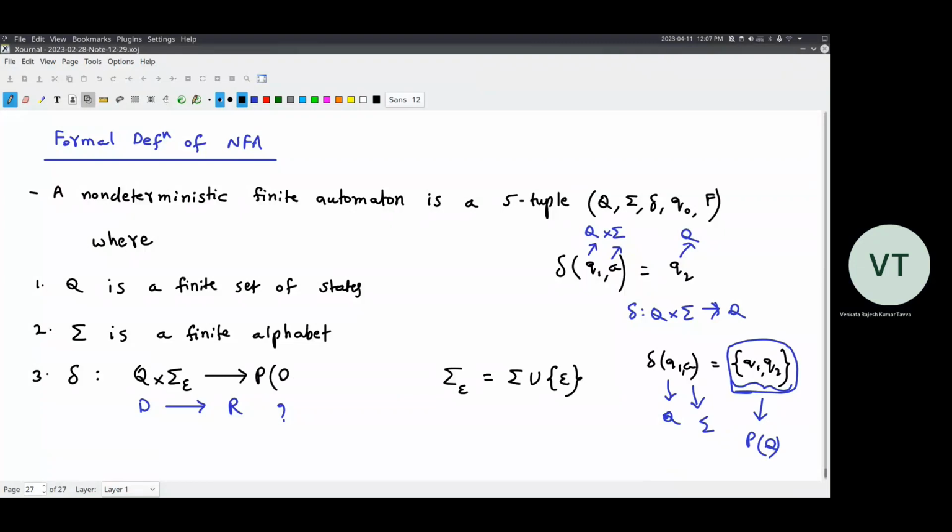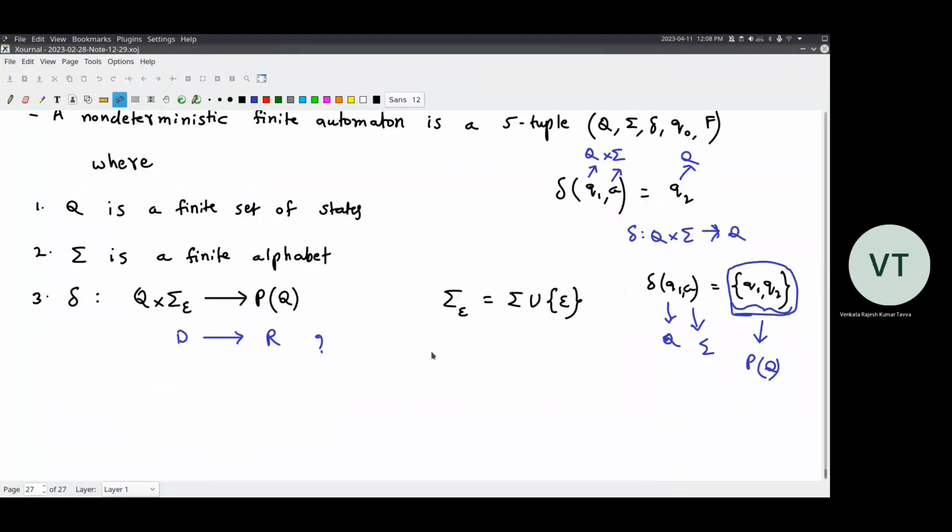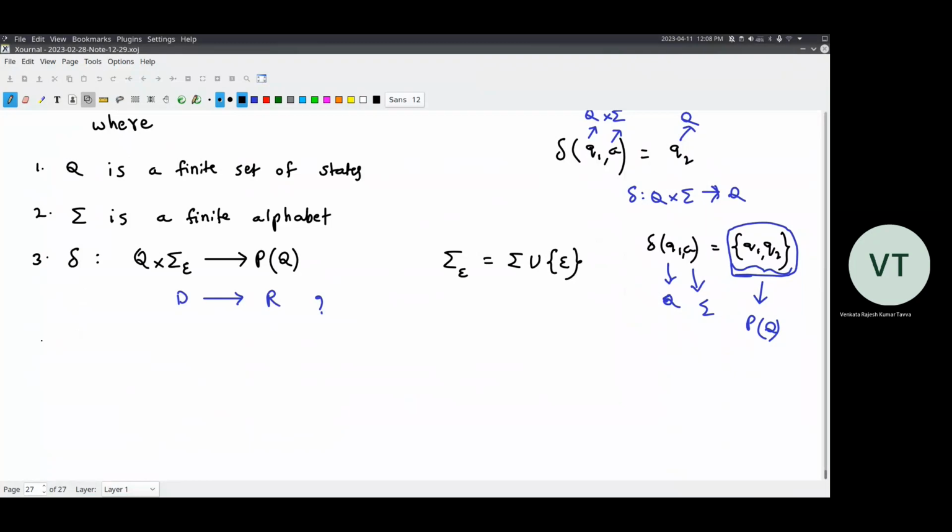Let's leave it like this. Then next one, q naught belonging to Q is the start state.